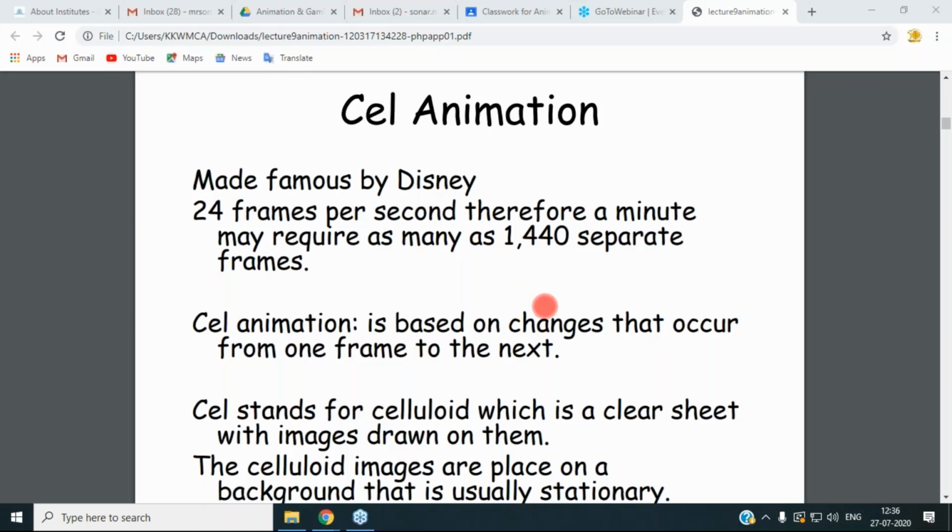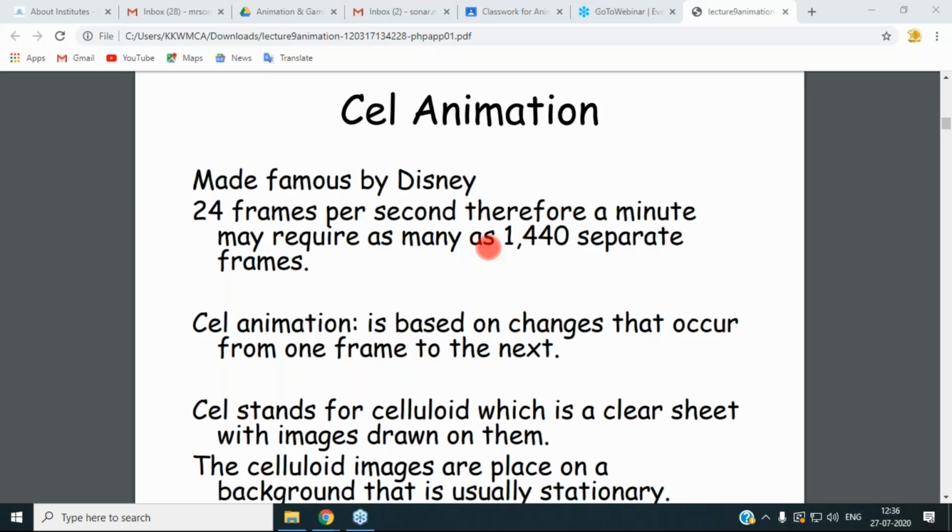There are 24 frames per second. Therefore, a minute may require as many as 1,440 separate frames. The speed of frames, or the frames per second, is shown here.